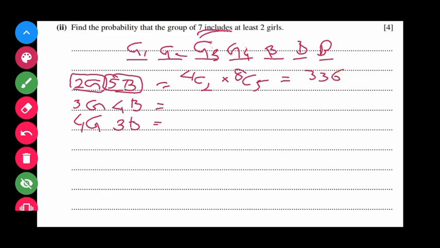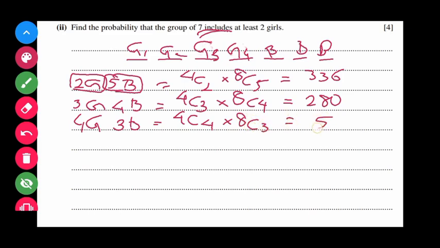If it is three girls and four boys, three girls can be selected in 4C3 ways and four boys can be selected in 8C4 ways, which gives us the answer 280. And four girls, there are only four girls and all the four are selected in 4C4 ways times three boys out of eight, that means in 8C3 ways. So we get it as 56.